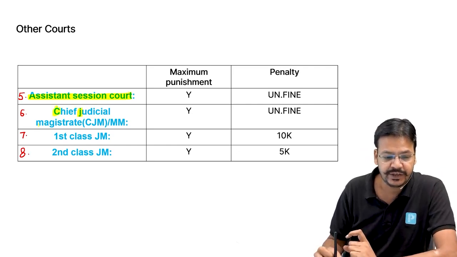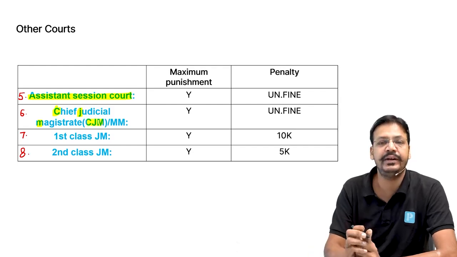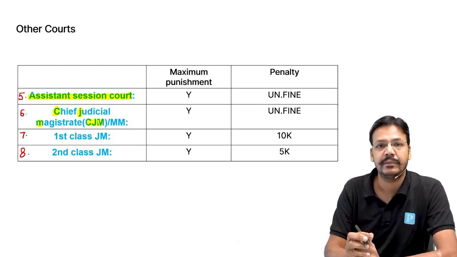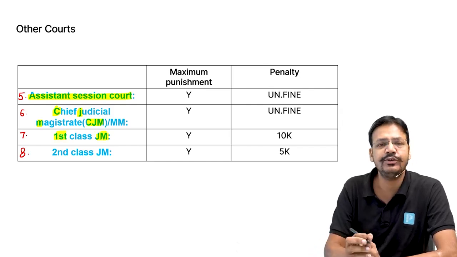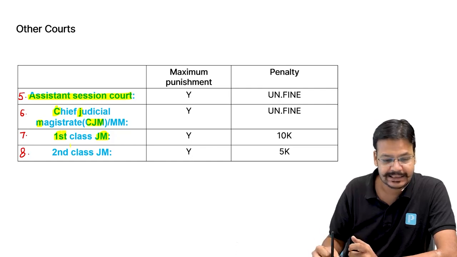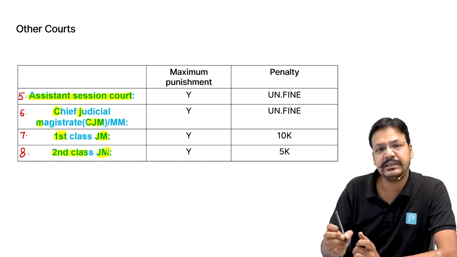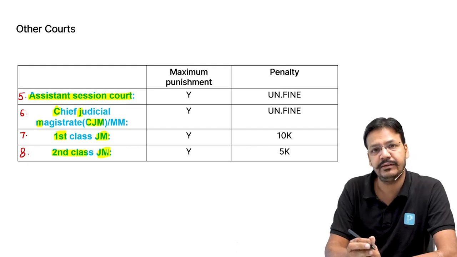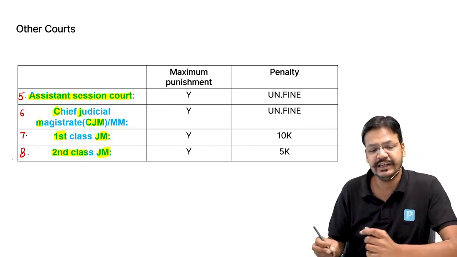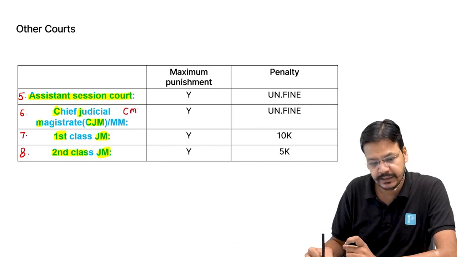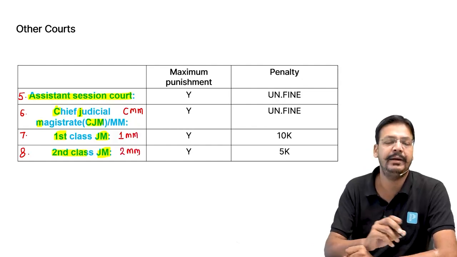CJM, what is CJM? Chief Judicial Magistrate. First class JM, first class Judicial Magistrate, and second class JM, second class Judicial Magistrate. Now, sir, in Metro City, we don't use the word CJM, we use CMM, first class MM, and second class MM.